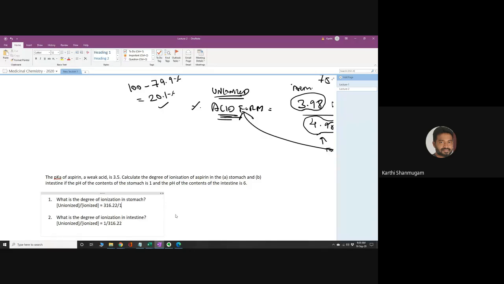Am I right? Yes, sir. So for the second case, for every one unionized molecule, there are going to be 316 molecules in their ionized form. Am I right?